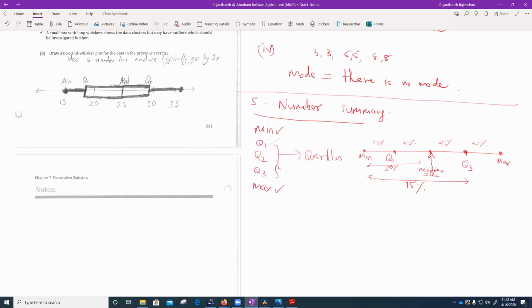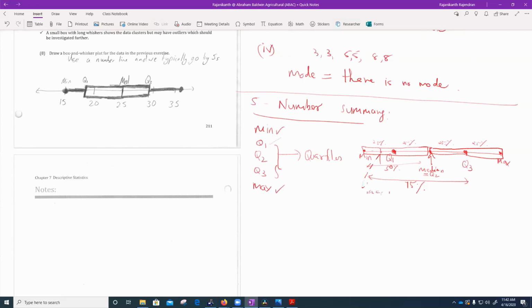If you look at Q1, it is nothing but the middle point of this piece. Q3 is the middle point of this piece. The first half is exactly half of your data set, and it is called the lower half.